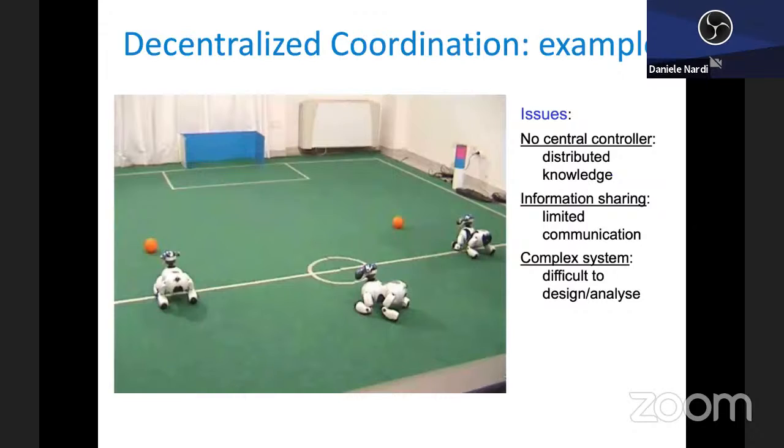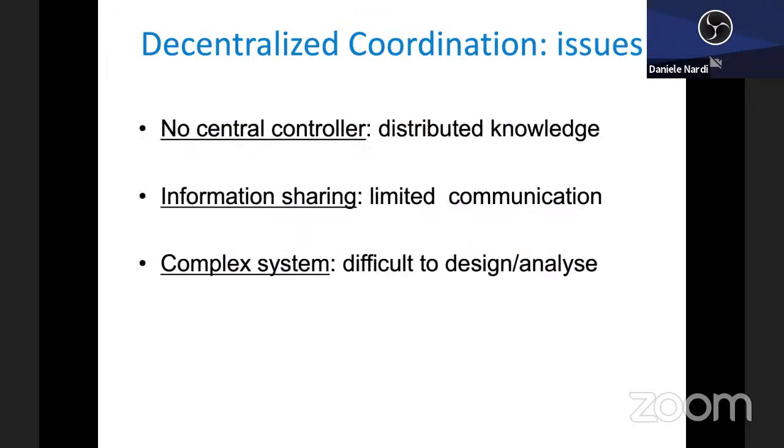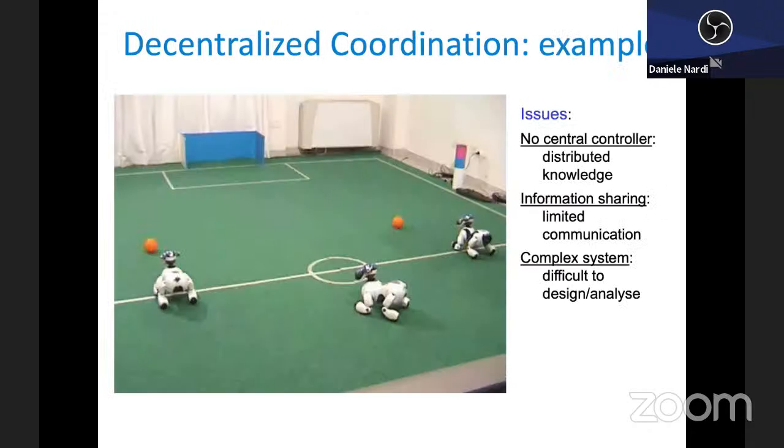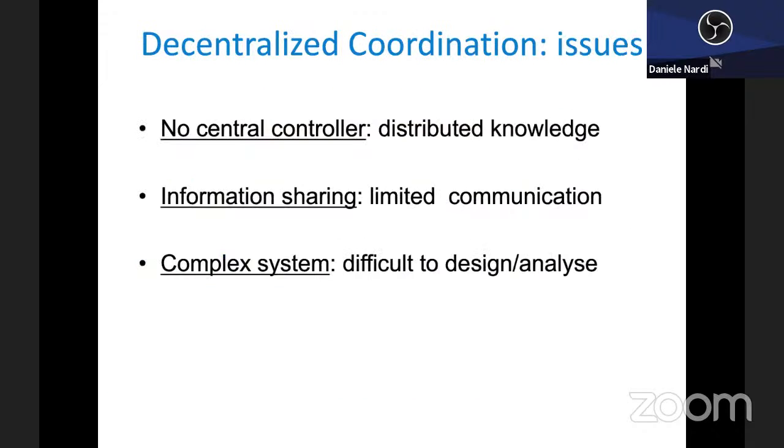So here is an example that I'm going to show you next week in more detail, so I'm not going to show you the video today. This is just to mention that the approach that I'm going to present has also been run on these small doggish robots. So what are the issues in this decentralized coordination?